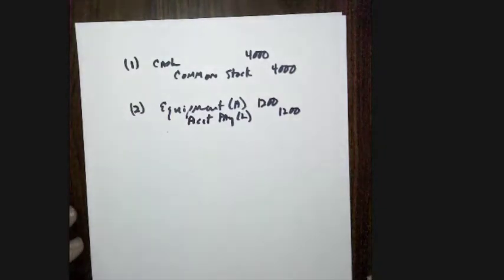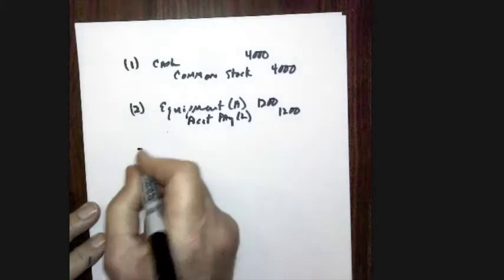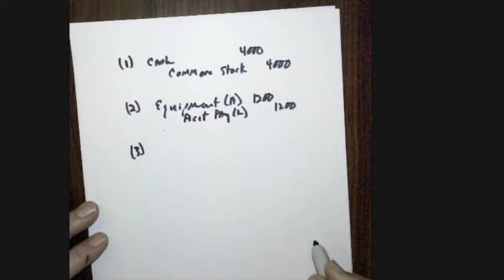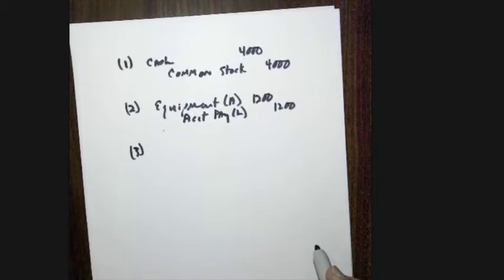The next transaction is they're going to pay $800 in cash to the landlord for June rent. So this is transaction number 3. Let's think through this transaction a little bit, and this will give us an idea of how we can break a transaction into its easy parts and its more difficult parts: get the easy part first, and then work on the more difficult part and think it through.